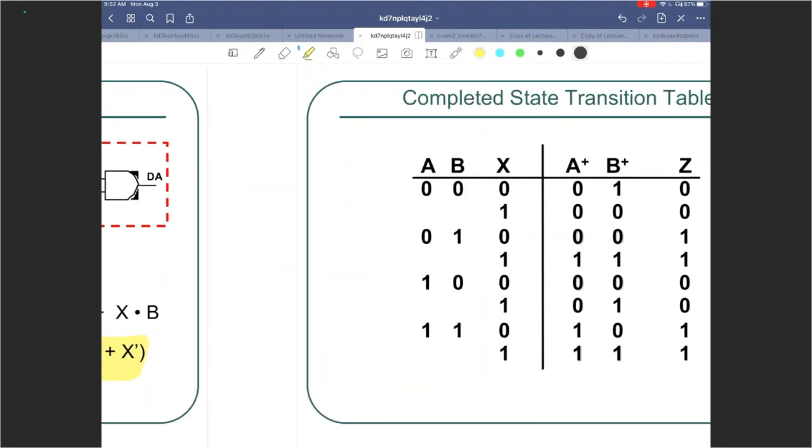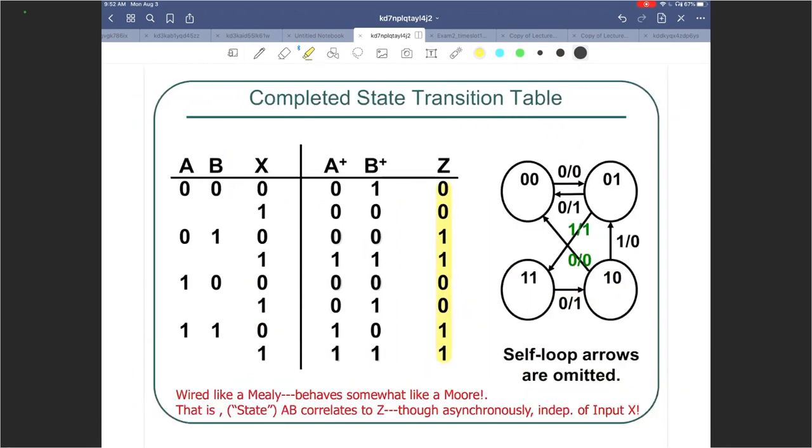However, if you very closely look at the state transition table, Z is 00110011, which is exactly the same as B, right? So logic expression wise it is dependent on A, B, and X, but in reality it is just dependent on B. Z equals B here, right? That's the simplest.